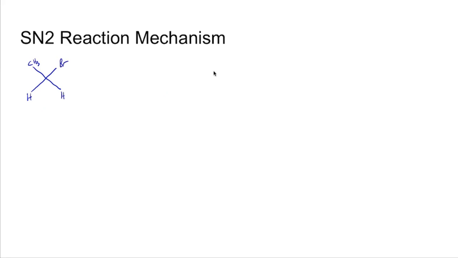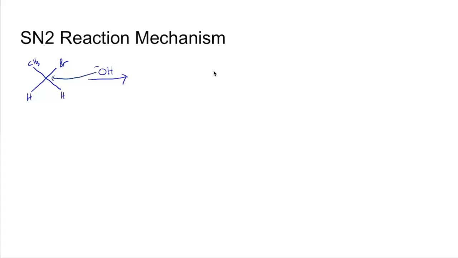So in this case, we have our nucleophile, which I'll use hydroxide again, but there's going to be a big difference from our SN1 reaction. Instead of having the bromine just leave at the beginning, we're going to draw an arrow from the nucleophile over to the substrate.